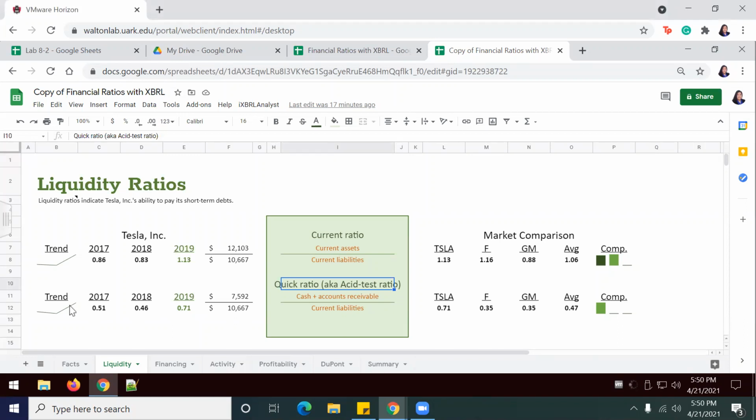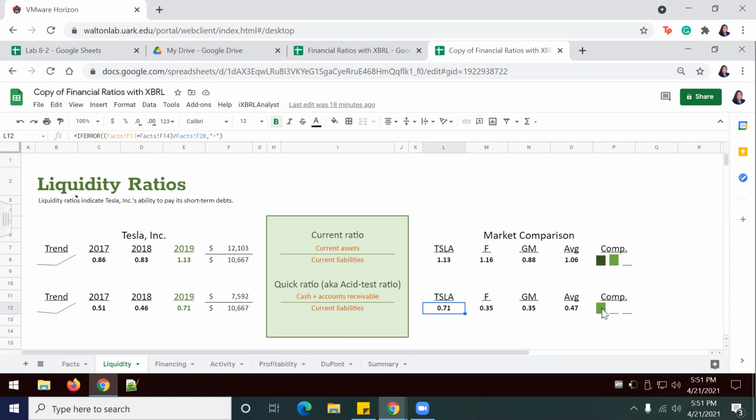So, we see that Tesla's here is increasing, nearing the 1, which is a good thing. We want it to be closer to 1. The closer to 1, the better.